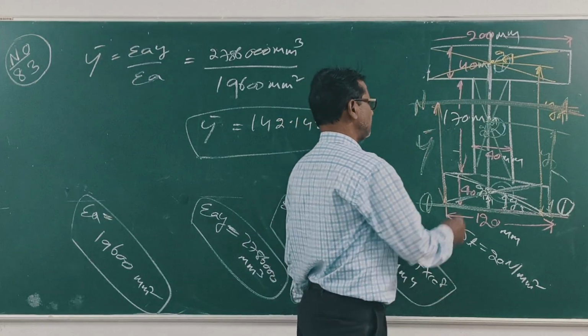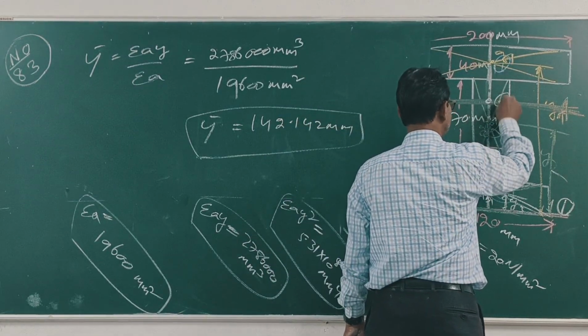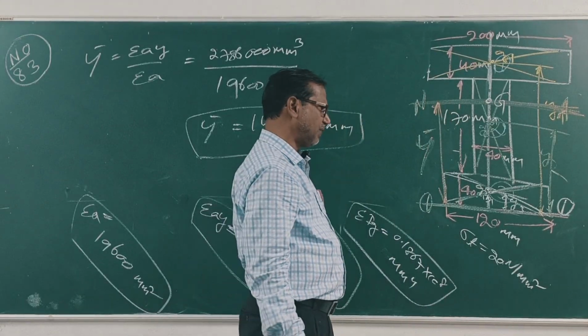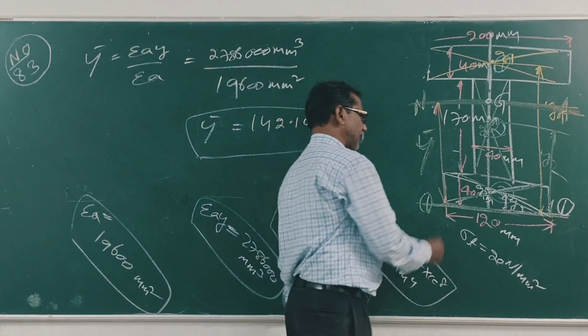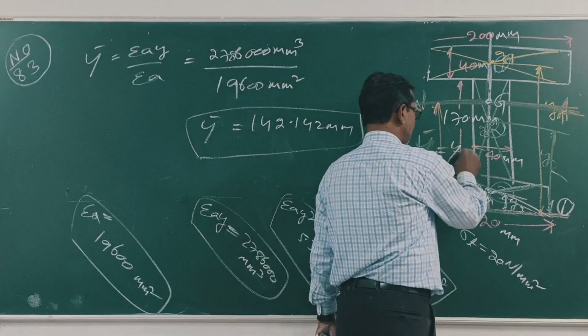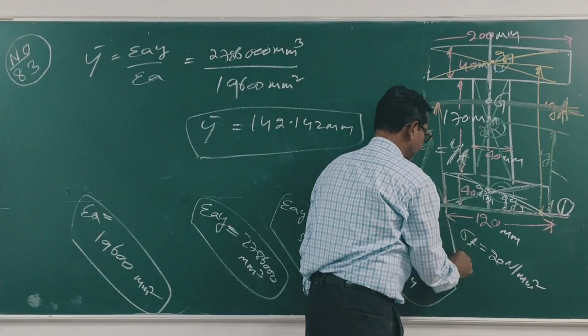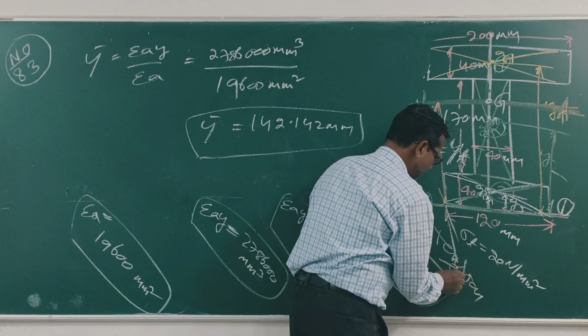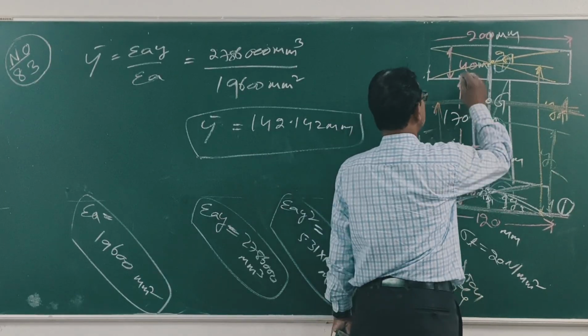So this is the CG point. Y bar means yt, so this is the tension side, and this is the compression side.